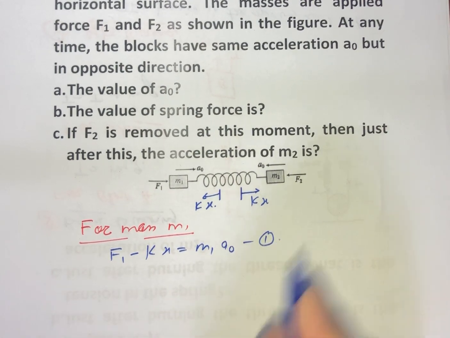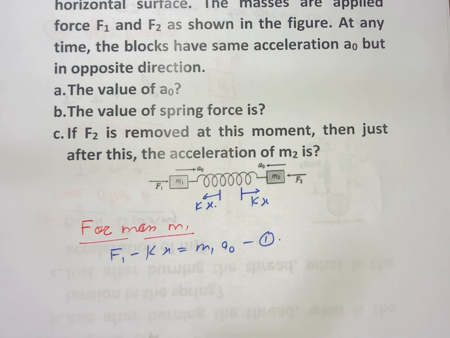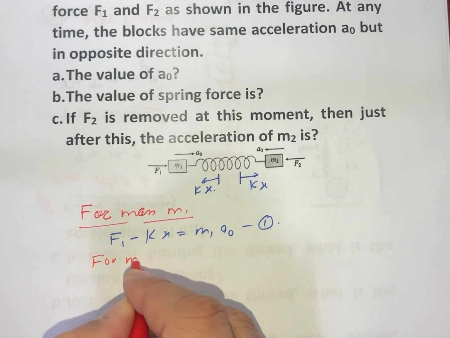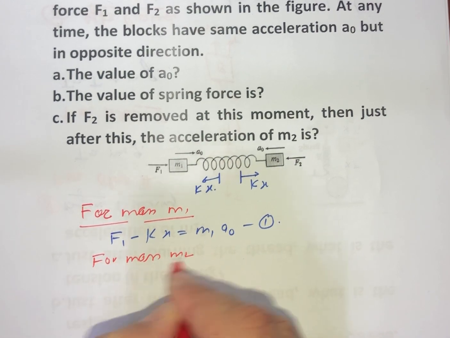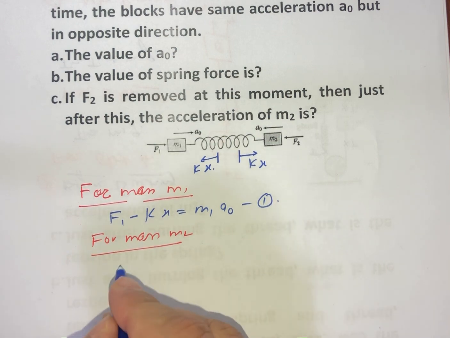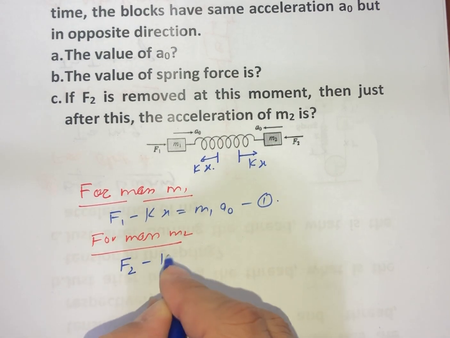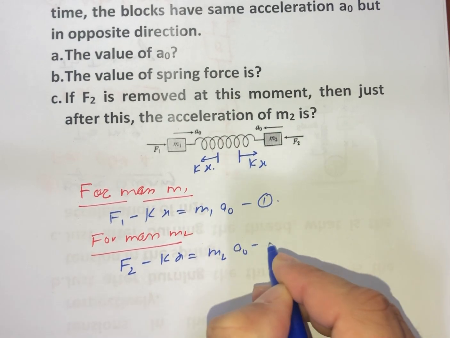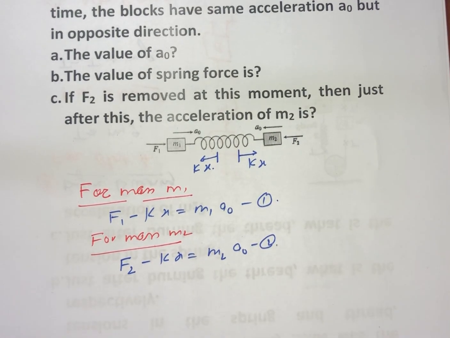Let us call this equation number 1. And similarly for mass m2, F2 minus kx is equal to m2 a0. This is equation number 2.